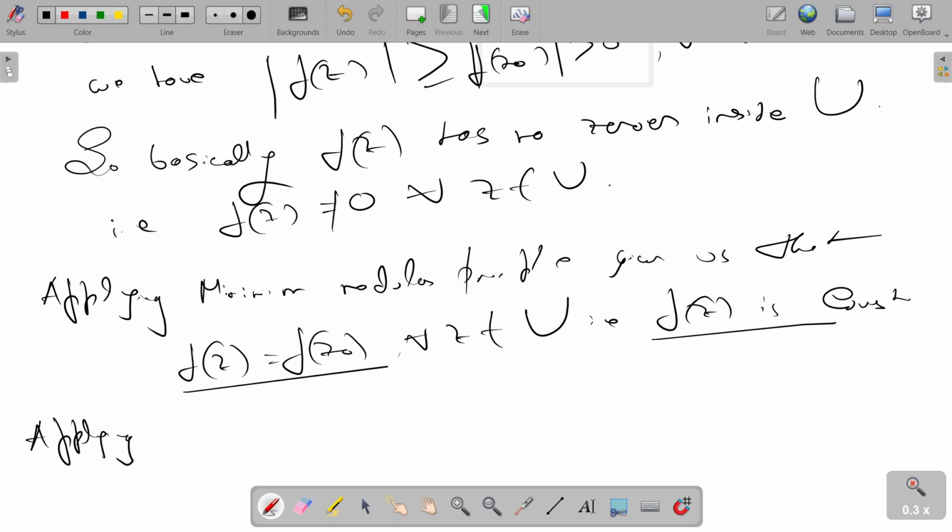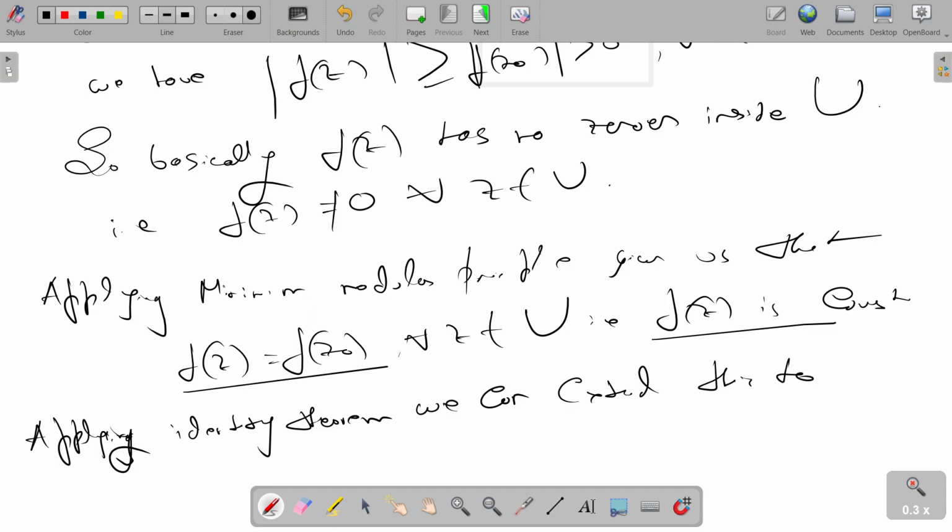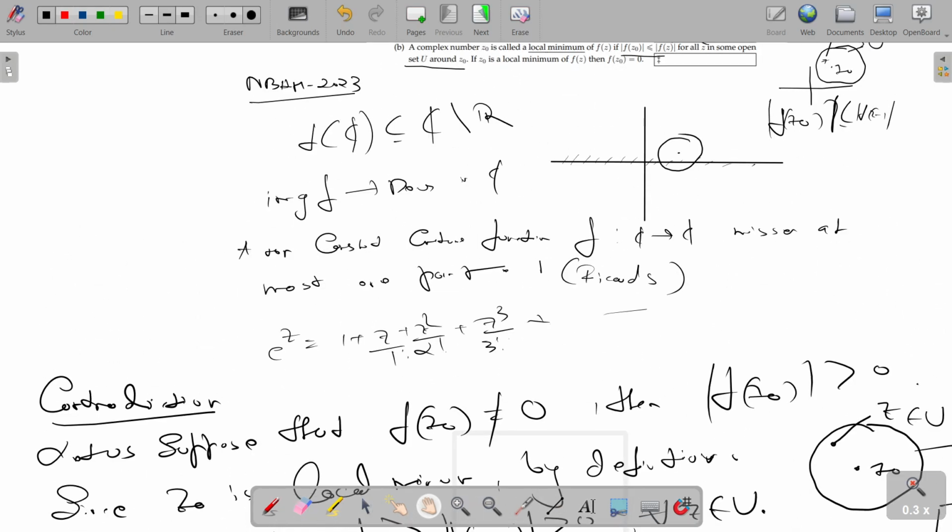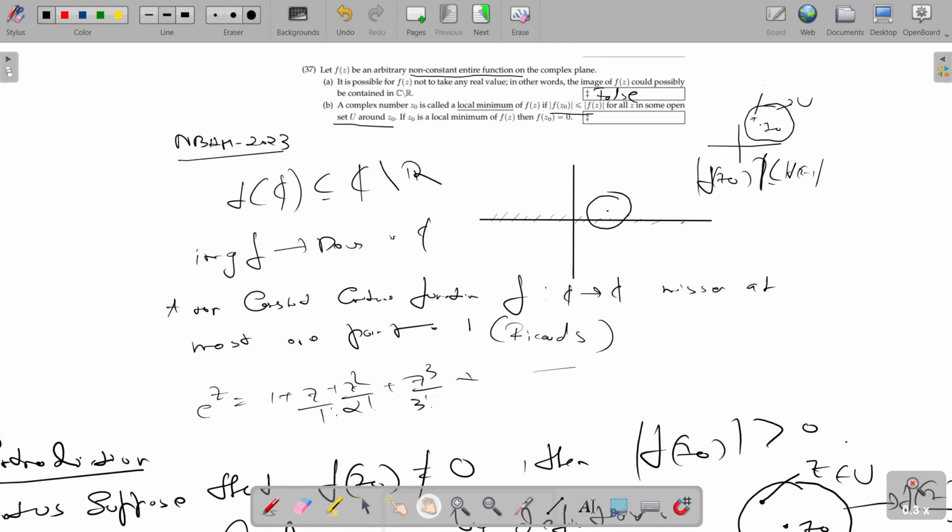Applying the identity theorem, we can extend this to the whole complex plane, which will imply f(z) is constant. But in the question, it's already given that f(z) is a non-constant entire function. So our assumption is false, and f(z naught) will be equal to 0. So this is true. This is the proof.